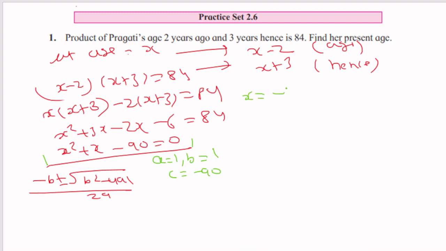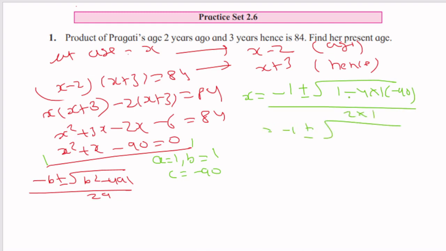Let's substitute in the formula. x equal to minus b, that is minus 1, plus minus square root of b square, that is 1 square, minus 4 into 1 into minus 90, divided by 2 into 1. So minus times minus will become plus, 4 into 90 is 360, 360 plus 1 is 361, divided by 2. The square root of 361 is 19.